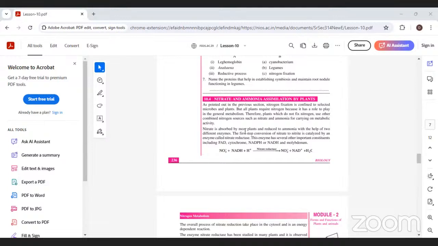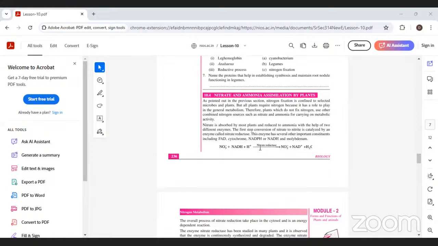This enzyme has several other important constituents, including FAD, that is flavin adenine dinucleotide, cytochrome, NADH, and molybdenum. Here NO3 and NADH, with nitrate reductase enzyme, form NO2, NAD plus and H2O.